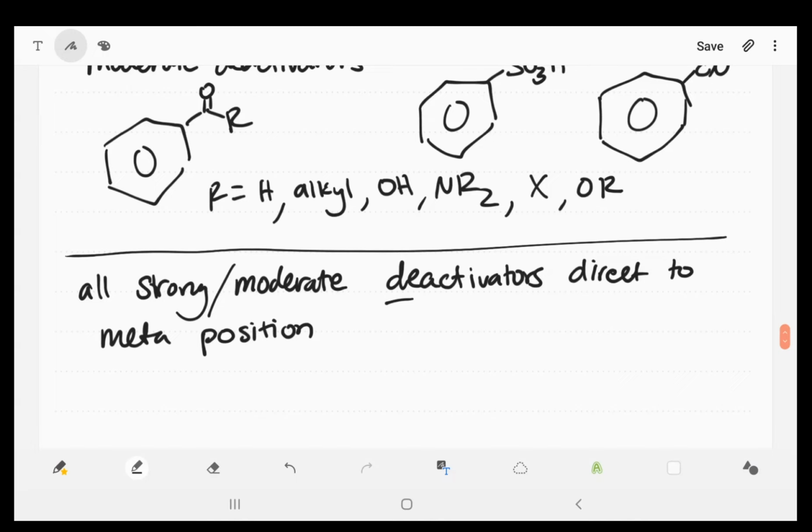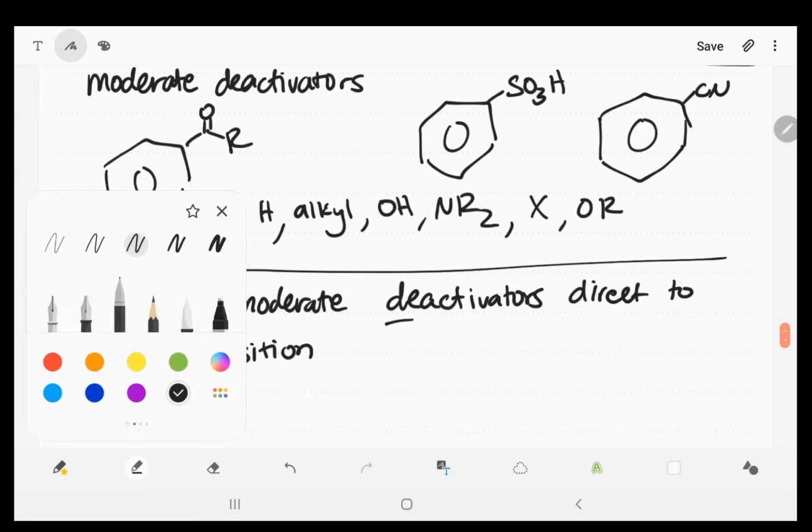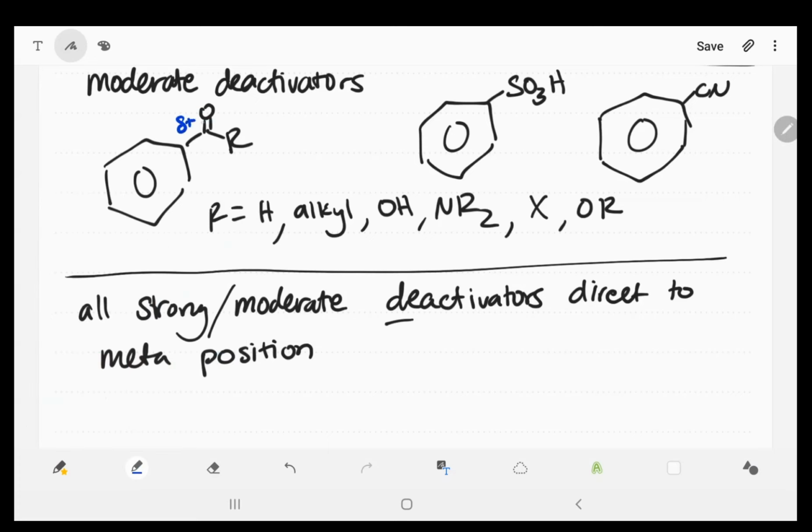And so we saw this because you end up either resonating away your electron density, or you end up with a positive charge adjacent to something that is fully positively charged, or in this case, partially positively charged, right? If we were to resonate or do our sigma complex, this carbon here is partially positively charged, right? And so if we end up with a full positive next to a partial positive, that's still not a good thing.